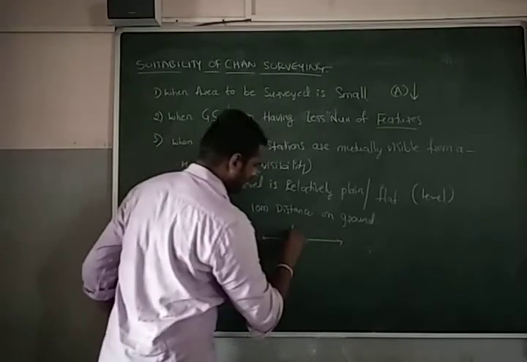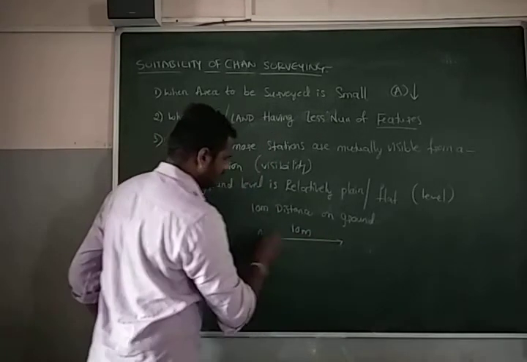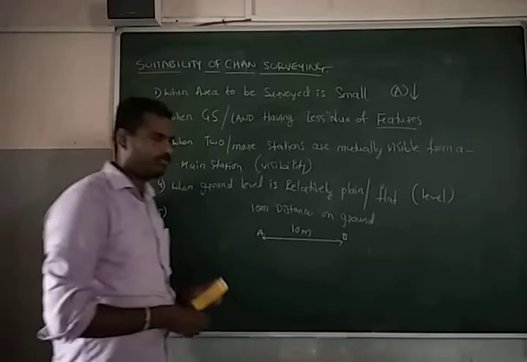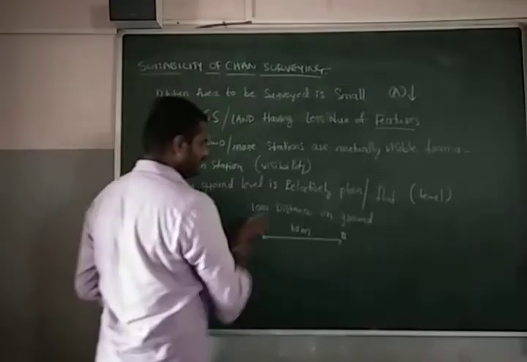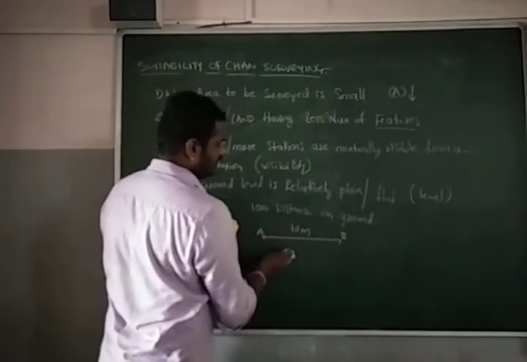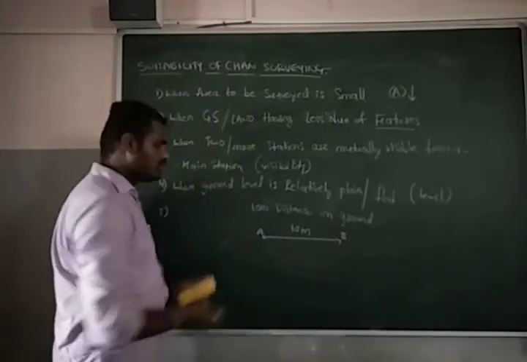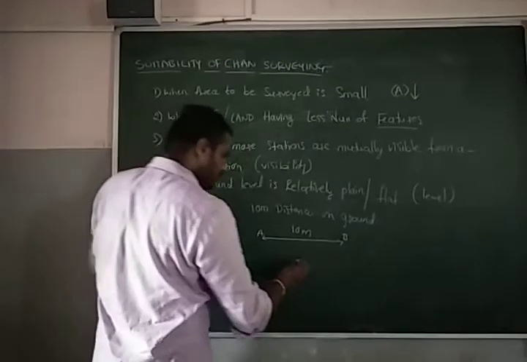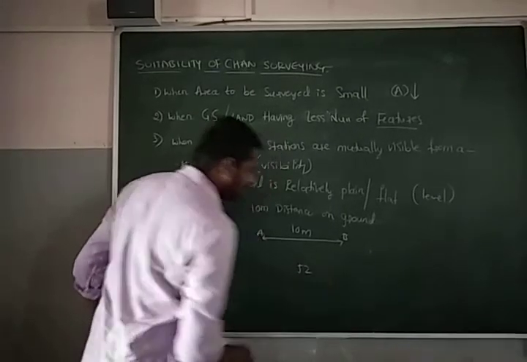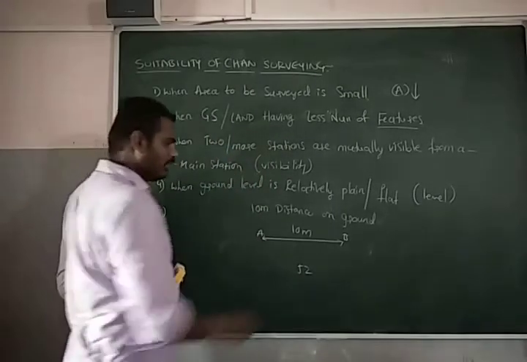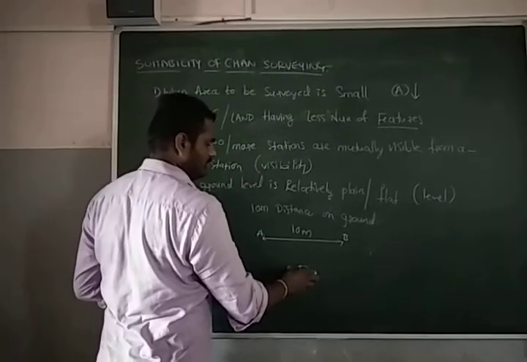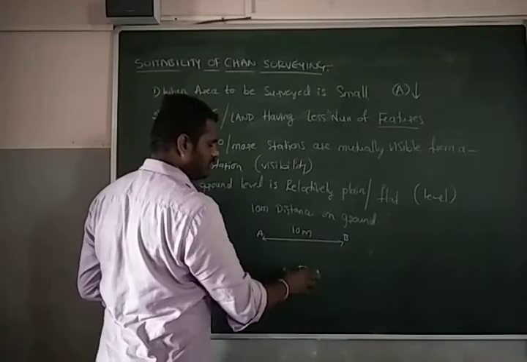So this line length is 10 meter. Let us take this as A and B. Now this 10 meter distance can't be directly interpreted in a chart. Generally a chart may have some 30 centimeter, 52 centimeter length, so you can't draw this 10 meter as usual on the chart.